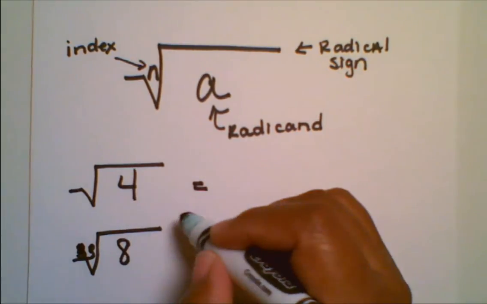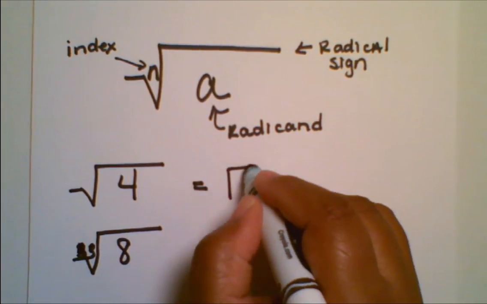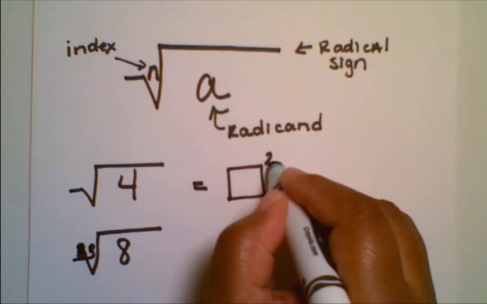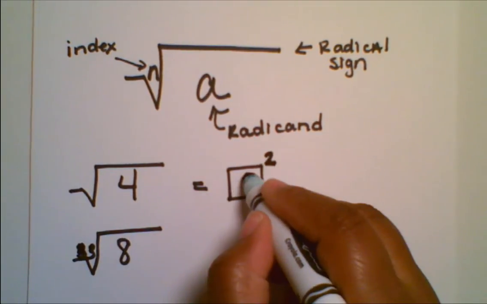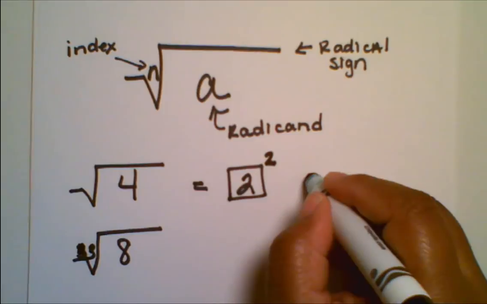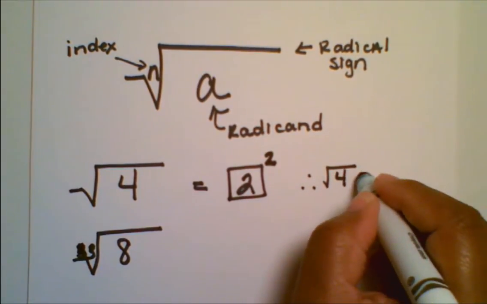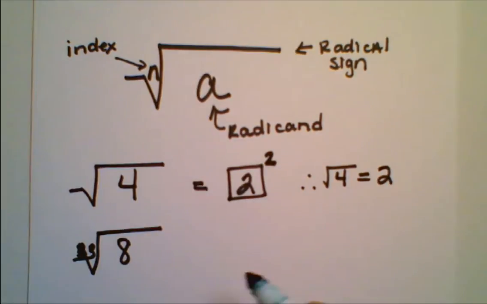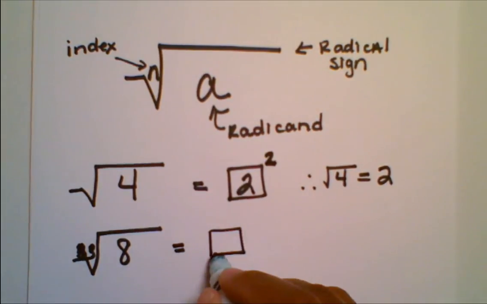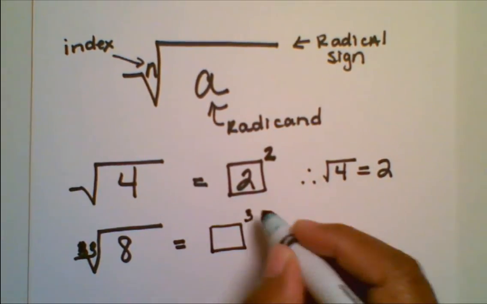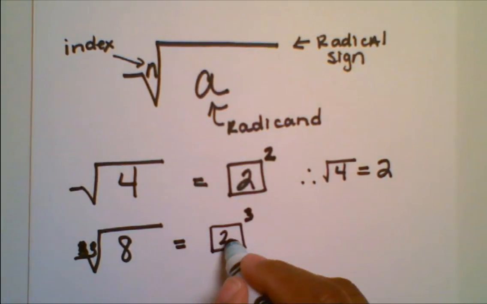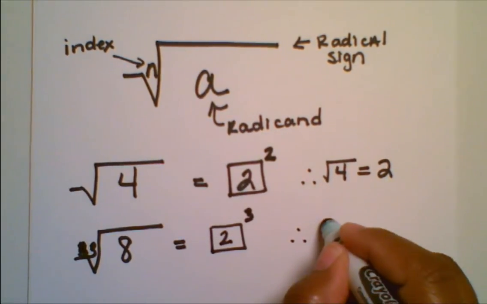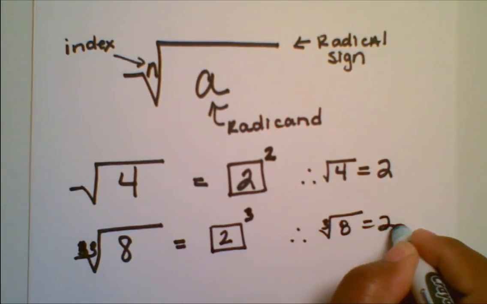For the square root of 4, we're looking for a root, a number that when we square it gives us the radicand of 4. That number would be 2. Therefore, the square root of 4 is 2. For the cube root, what is the root number that when we cube it will give us 8? That number is 2. Therefore, the cube root of 8 is 2.